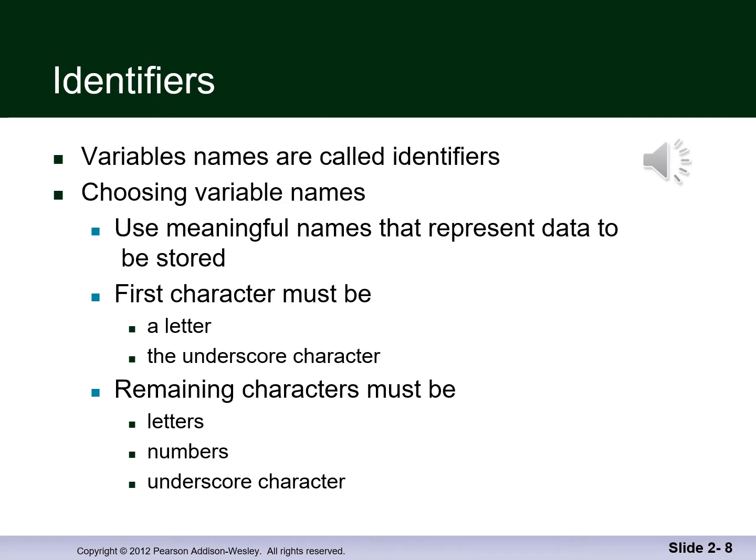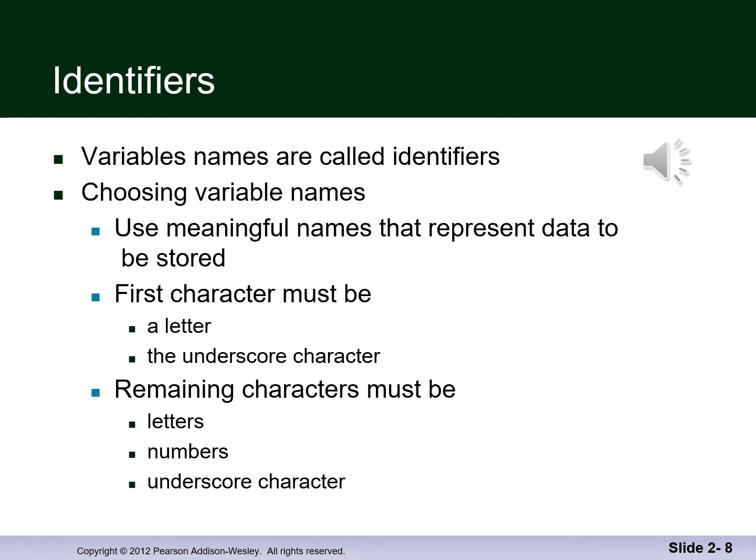But you want to use meaningful names that clearly represent the data to be stored, because although you may write a program, and that program may go into production after it's debugged and tested, someone may come back a year later, two years later, and have to change or modify the program because the requirements have changed, and you want the program to be easy to read and understandable and intuitive.